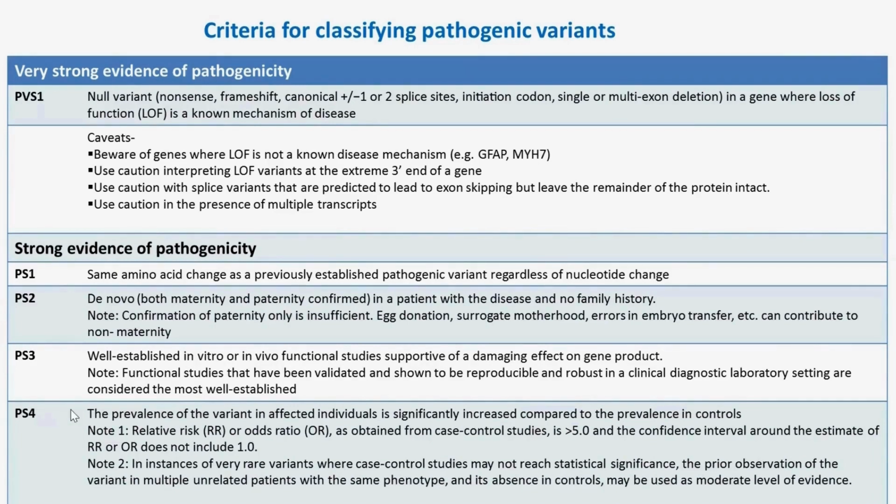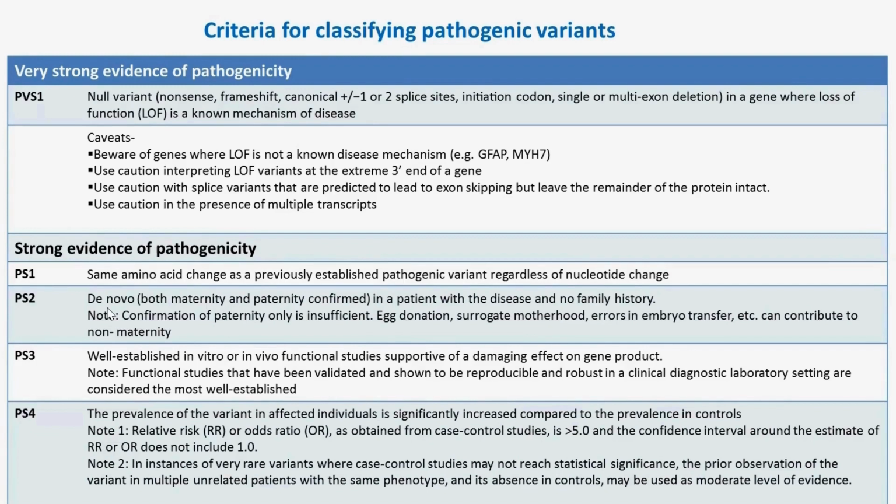So next classification was based on strong evidence of pathogenicity, and the first class is PS1. PS1 includes the synonymous variants which are published as pathogenic variants in literature. Meaning the nucleotide change can be different or the same as the previously established variant.